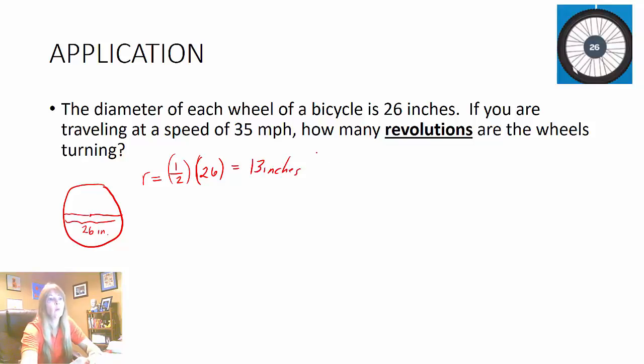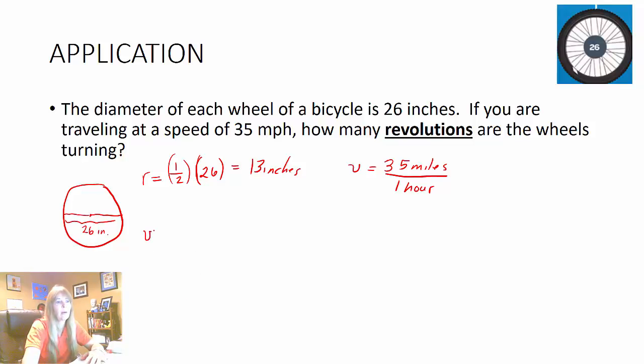All right, we already know what the linear speed is because it tells me 35 miles per hour. So 35 miles per 1 hour. Now this is a little tricky because I want to get my linear speed into inches per minute, and it's going to take a couple of steps.